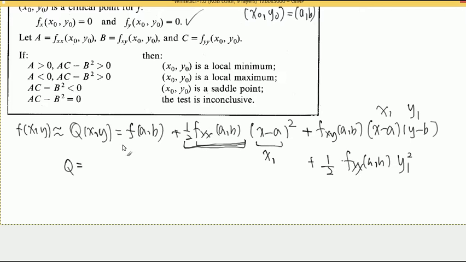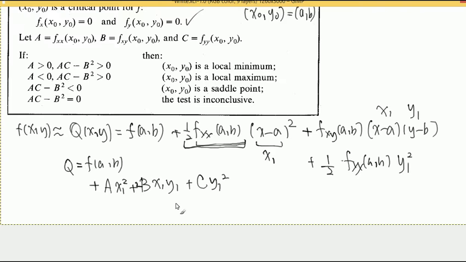Critical point, that's right. Here's a critical point there. So f of a, b, plus 1/2 of... I'm going to call that one A in there. Well, I think this looks just fine here. This is A times x1 squared, right? Let me write A times x1 squared. Here, if you multiply these two, it's just 2 times B, so you can always write this as 2B x1 y1, and C y1 squared.